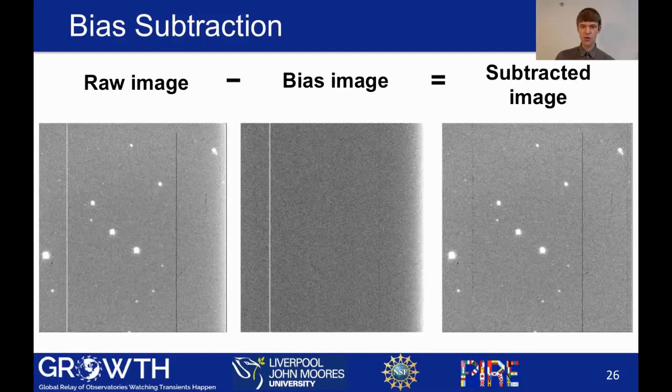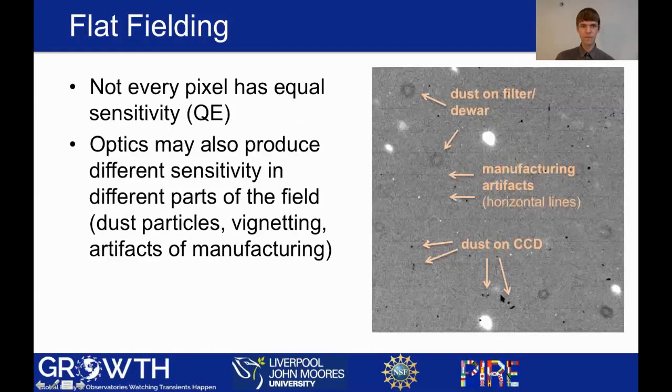There's a hot column over here on the left, and there's a little bit of a gradient over here on the right. We want to remove that signal by taking a number of exposures under these conditions, averaging them together, and then subtracting the result from this image. And the effect of that can then be seen over here at the right, where this hot column has been largely removed, as has the gradient over on the right side of the image, producing a processed image for which the signal is only coming from outside the telescope.